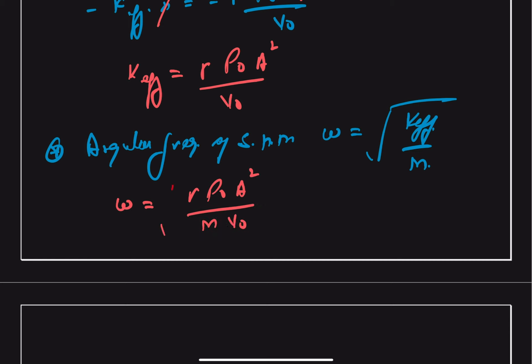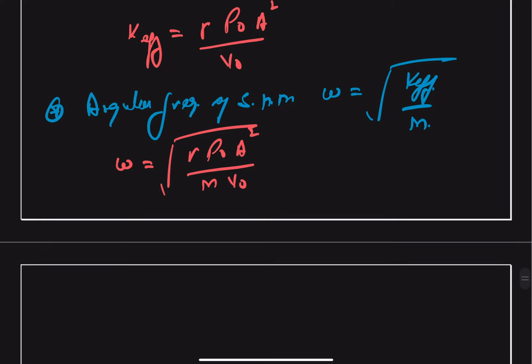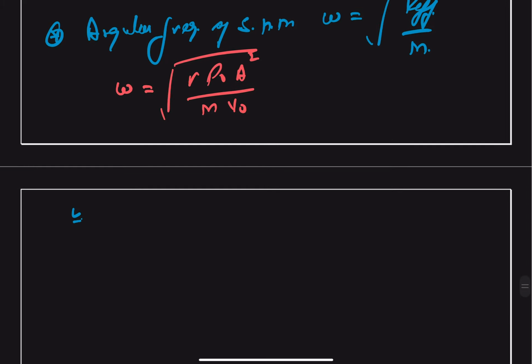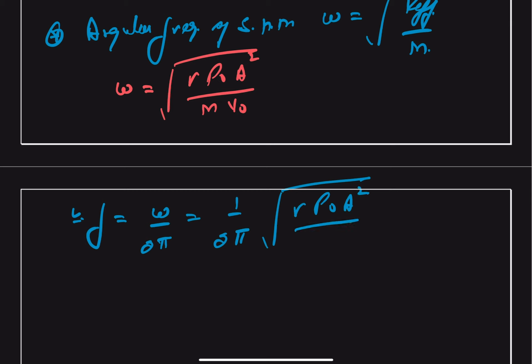So therefore, the frequency of oscillation, that is f, will be equal to omega upon 2 pi. So this comes 1 upon 2 pi square root of gamma P naught A square upon M multiplied by V naught. So this is the frequency of oscillation for the SHM.